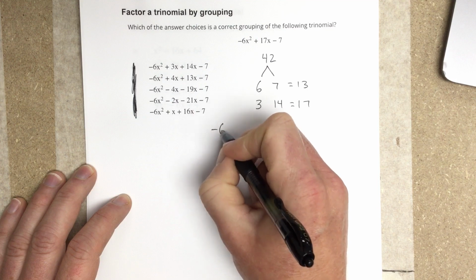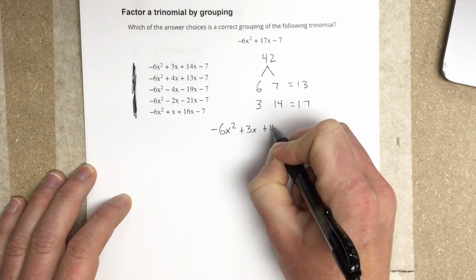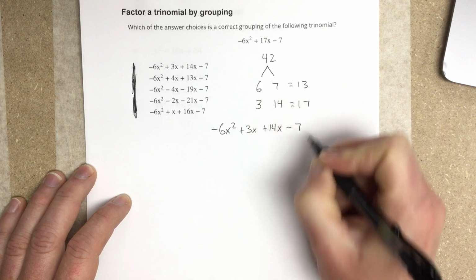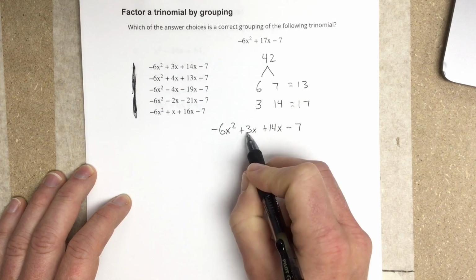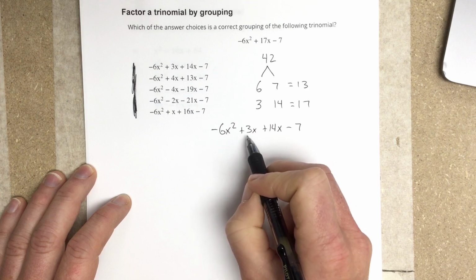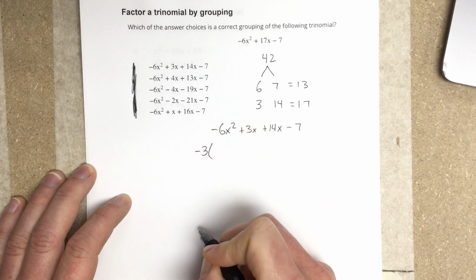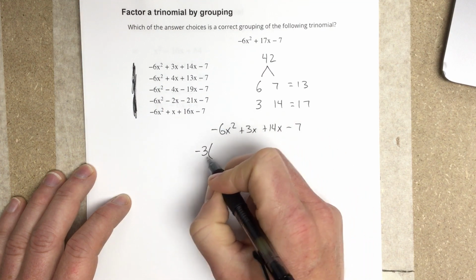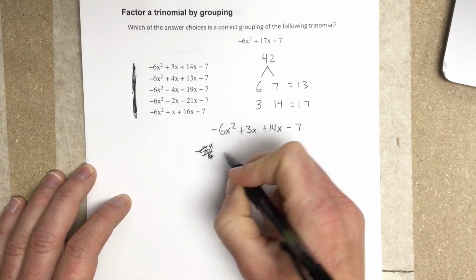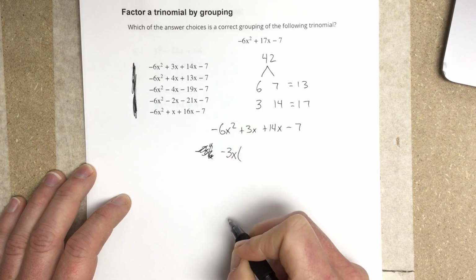So we write negative 6x squared plus 3x plus 14x minus 7. Now I'm going to factor an x, and I'm going to factor a negative 3 out. So I get negative 3x factored out.